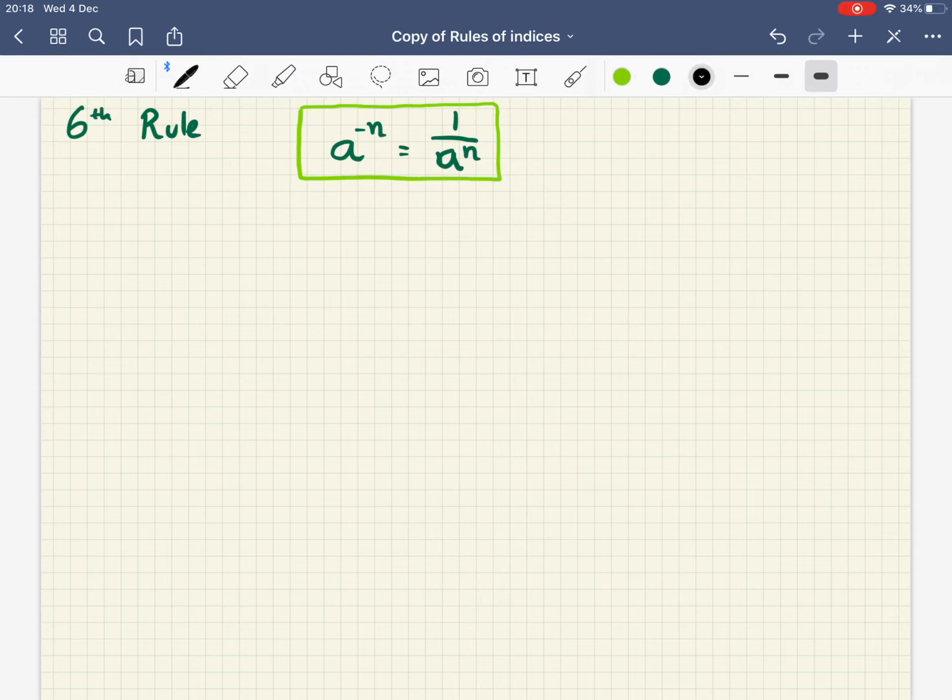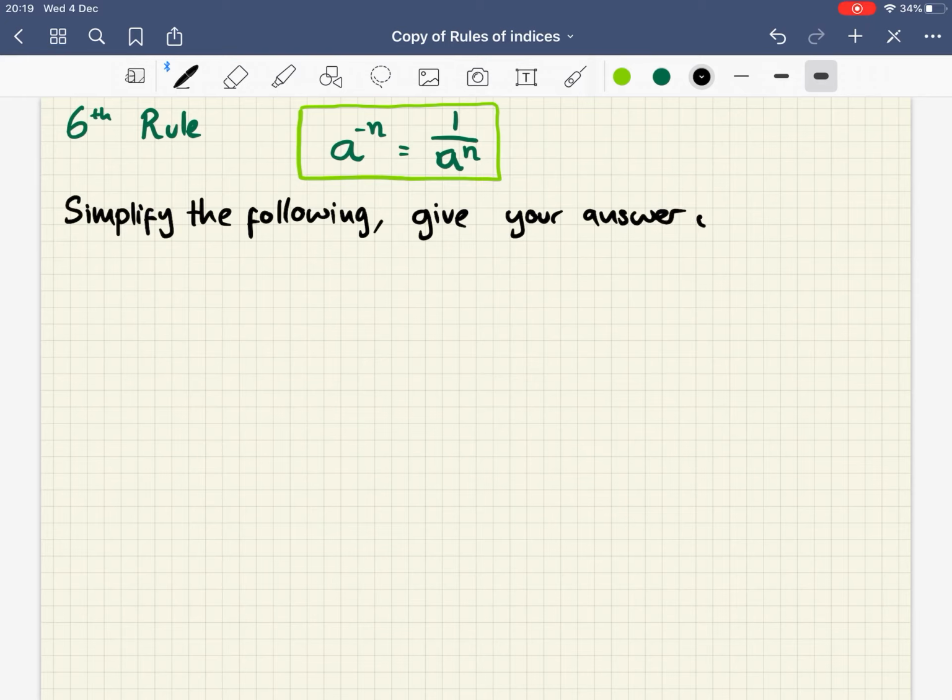So sometimes a question might say, right, or let's actually just change that to, simplify the following, give your answer with a positive power.